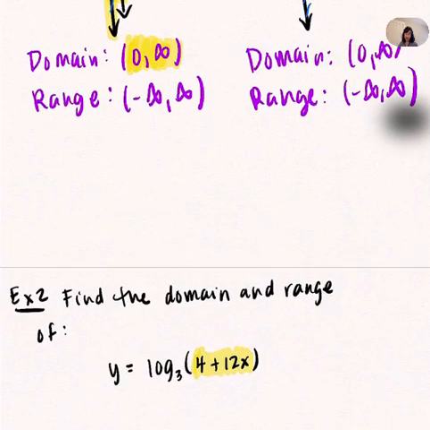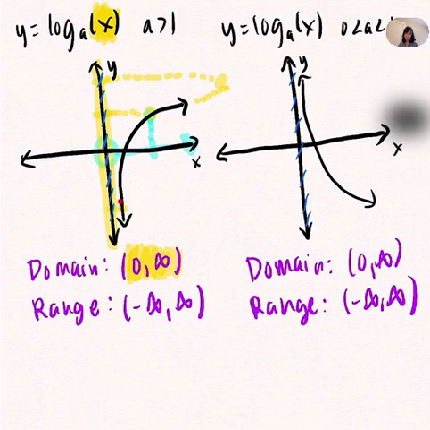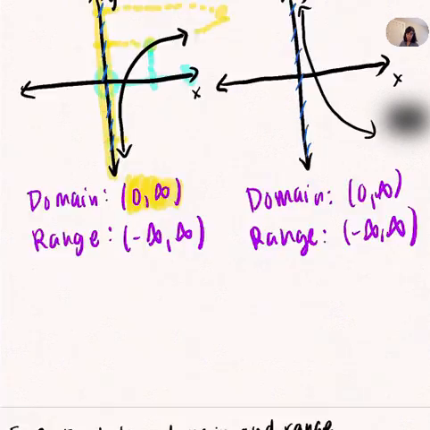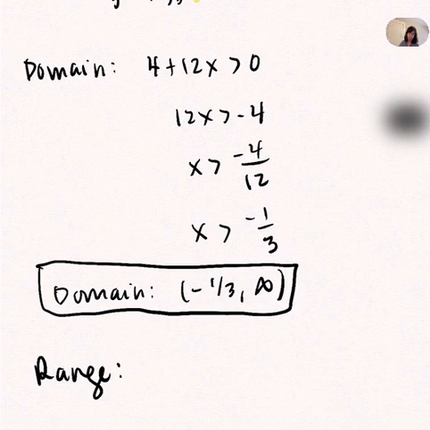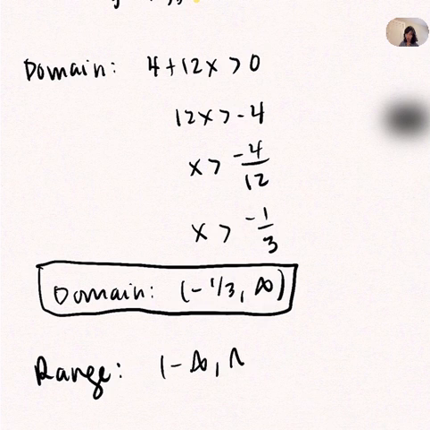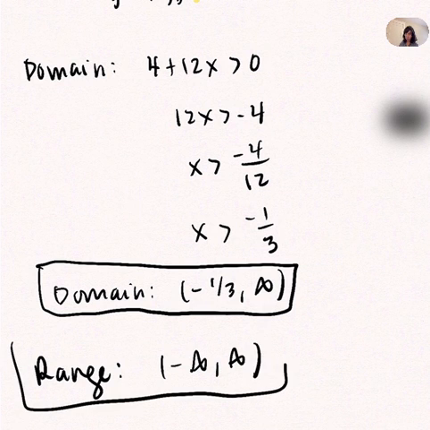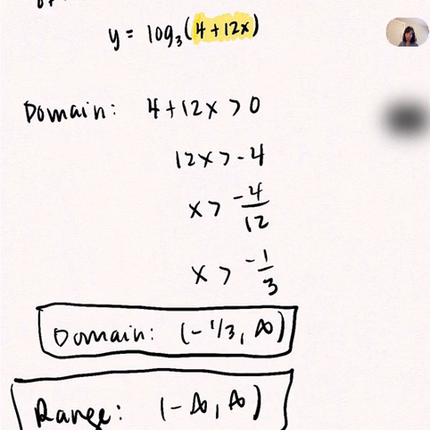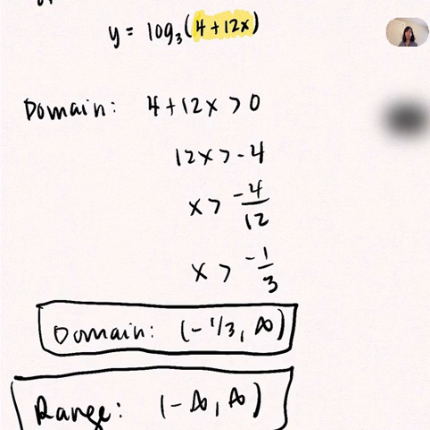So if we look at a graph like this and imagine what would happen if we shift it left or right and then stretch it a bit, we can see that the range will still be negative infinity to infinity. So the range is just negative infinity to infinity, because doing the transformations to the log base 3 of x function doesn't make it so that you don't have all real numbers as outputs anymore.